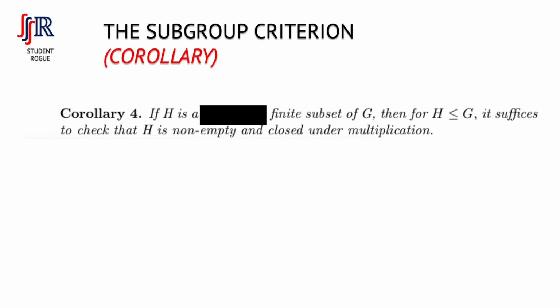Note that the first condition is the same as the subgroup criterion, but the second criterion is much simpler than the second criterion for the subgroup criterion, since it avoids jumbling up the closure under multiplication and closure under inverses conditions, and only requires that closure under multiplication is verified.